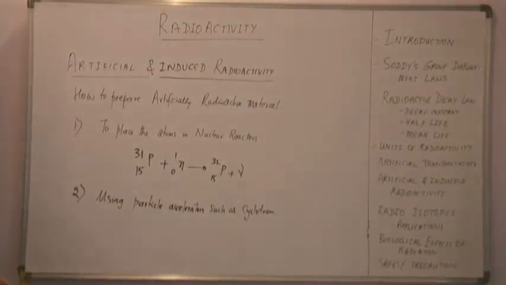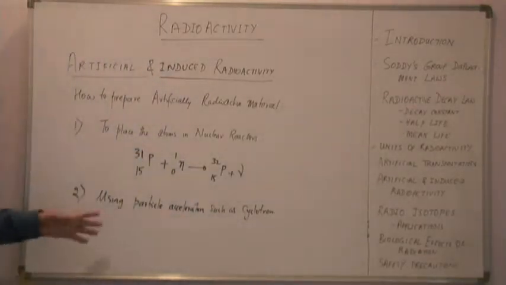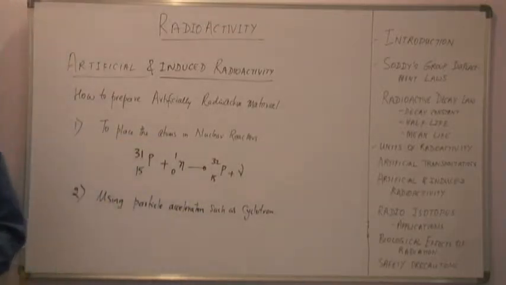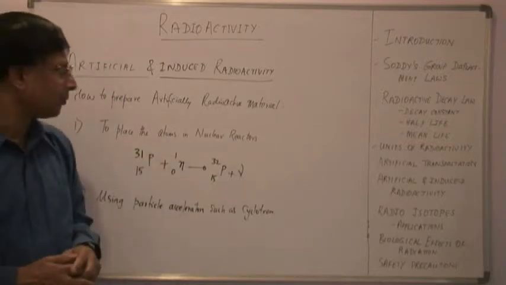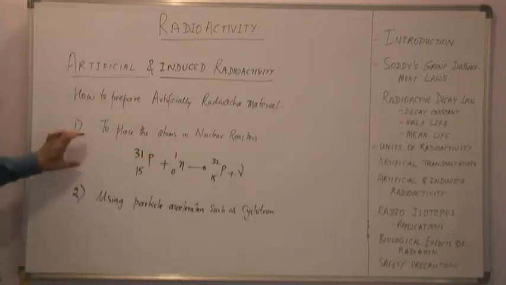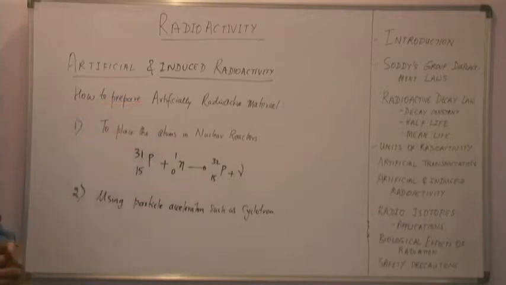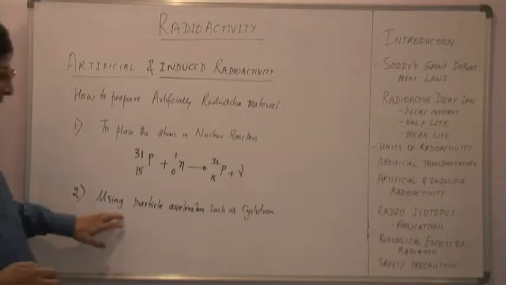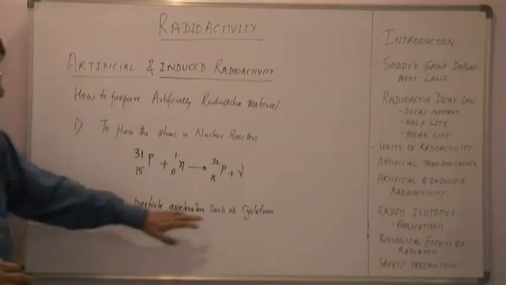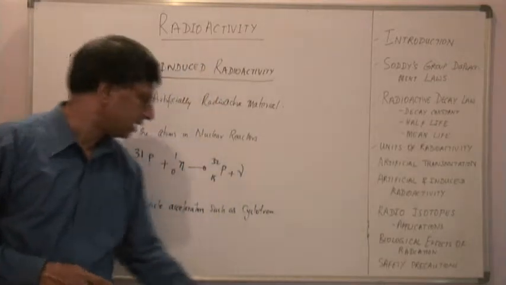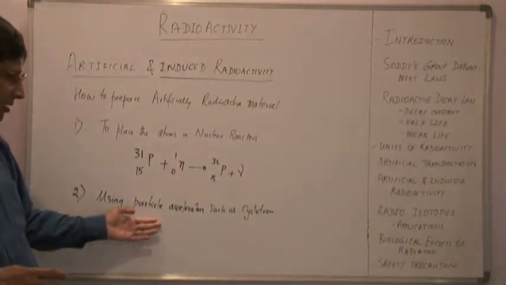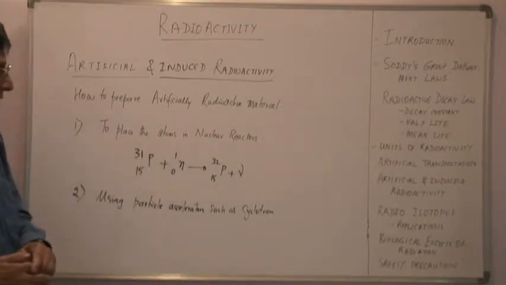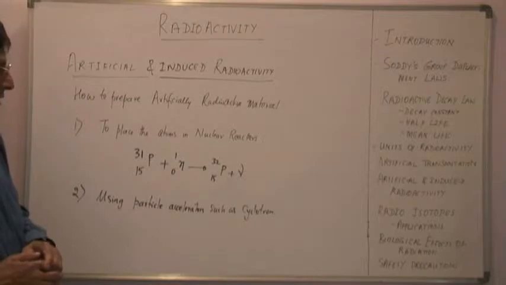We can use particle accelerators such as a cyclotron to generate high energy particles, and those particles can be made to impinge on the nuclei of these atoms and make them artificially radioactive. So these are two ways of preparing artificially radioactive material. One is to place the atoms in nuclear reactors, and the other is to use equipment such as a cyclotron and generate the particles that impinge on these atoms, thereby making them artificially radioactive.